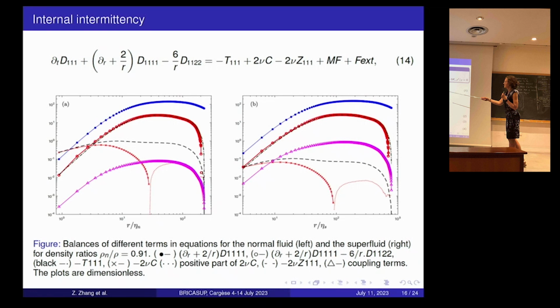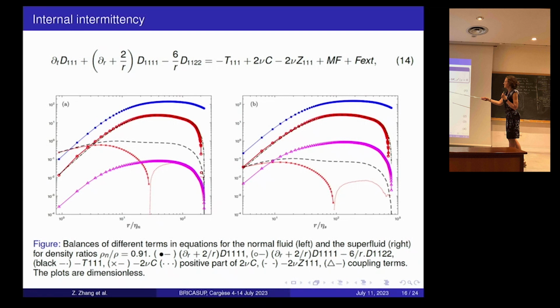If we look now at all the other terms, the viscous term, this one will be this one. It is, of course, important at small scales, and it equals this dissipation source term that is here. And our mutual friction term is the magenta one here, which we see is much smaller for the normal fluid than all the other effects, for this Reynolds number and for this case.